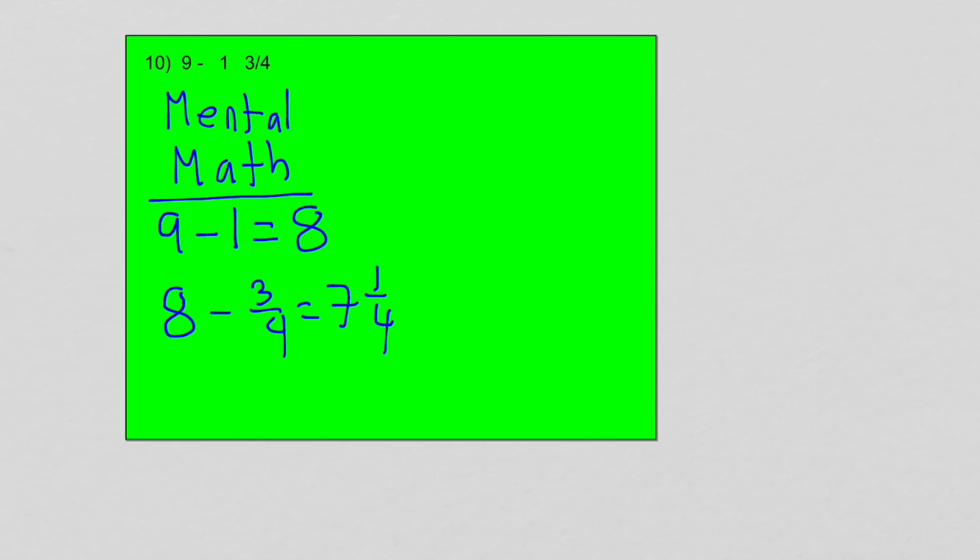Now that might not make sense, so we could use a more structured method to get the answer as well. I could do it like this. 9 take away 1 and 3 over 4. To subtract this, I'm going to borrow 1 whole from that 9 and make it 8. I'm going to take that 1 whole, and I'm going to write it over here in fraction land, but instead of writing 1 whole, I'm going to write it as 4 over 4.